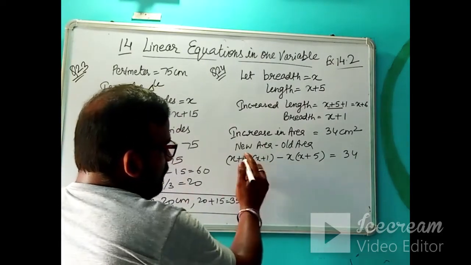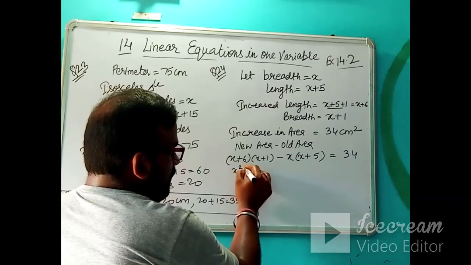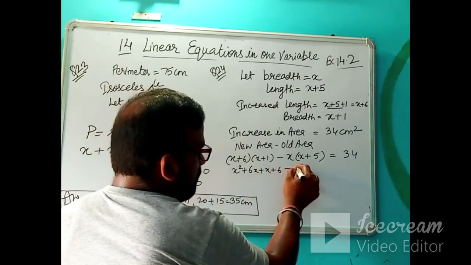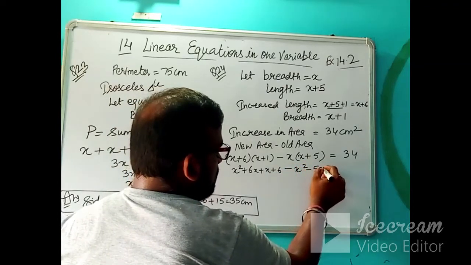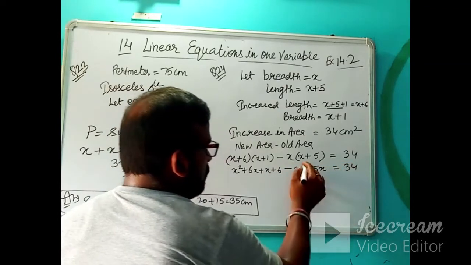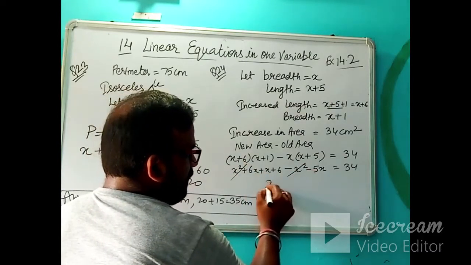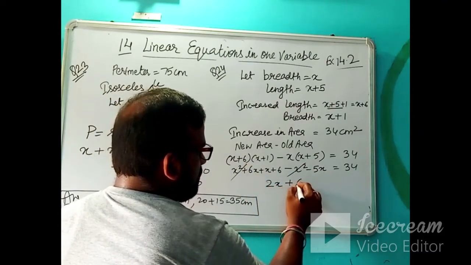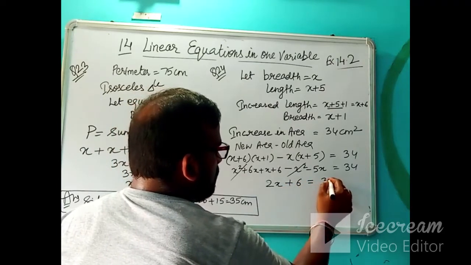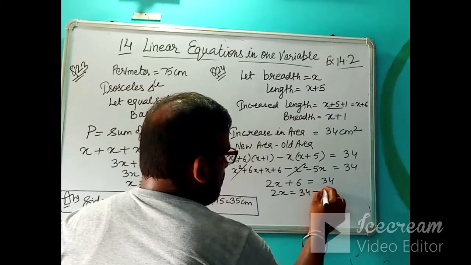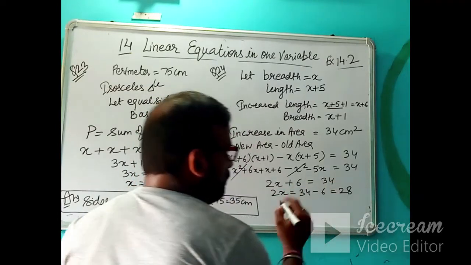Now we will solve it. x square plus 6x plus x plus 6 minus x square minus 5x equal to 34. So x square cancels. It becomes 7x minus 5x, 2x plus 6 equal to 34. So 2x will be 34 minus 6, that is 28.